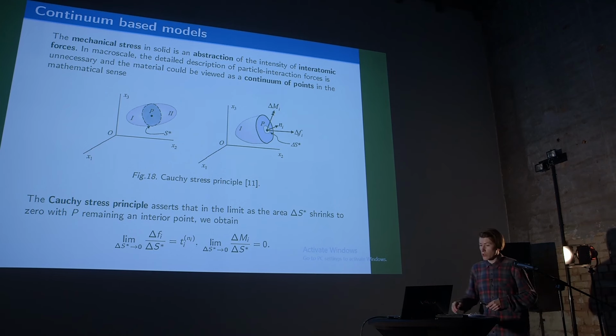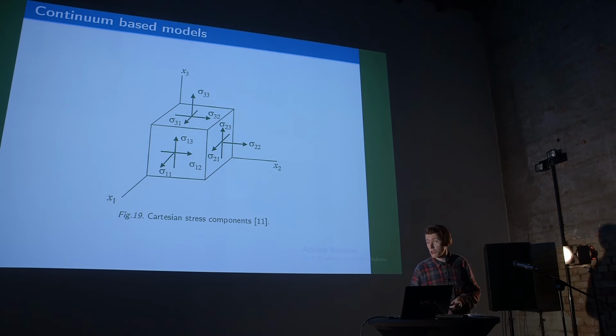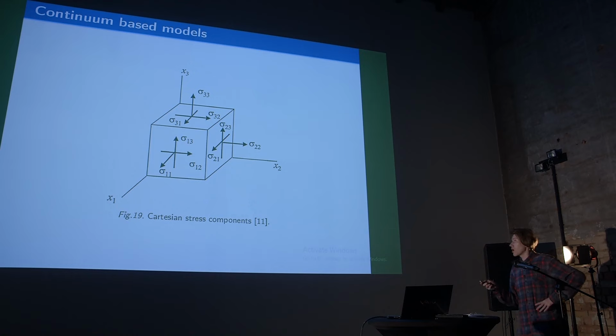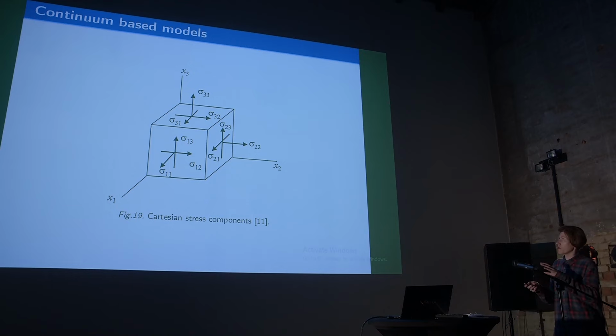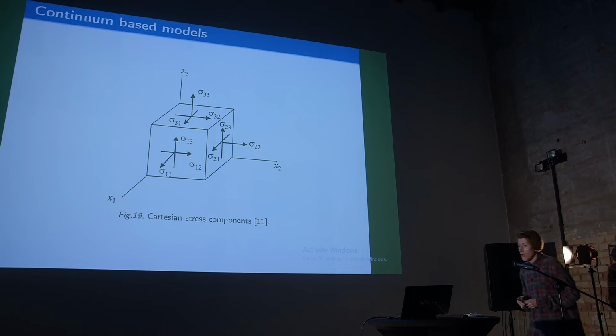If we use the Cartesian coordinate system, we have 9 different stresses that act in bodies.